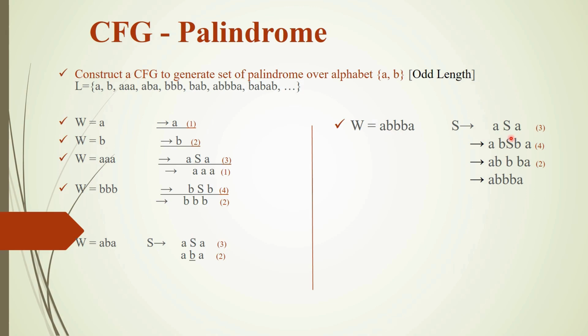Then what I need next is b. I get b from expression number 4, so I substitute this non-terminal with the fourth expression. Here you can see a remains the same, and your S will be substituted as bSb, which is your fourth expression. After that I want b as the middle one, so I use the second expression as the substitute for S. Similarly you can generate abbba.